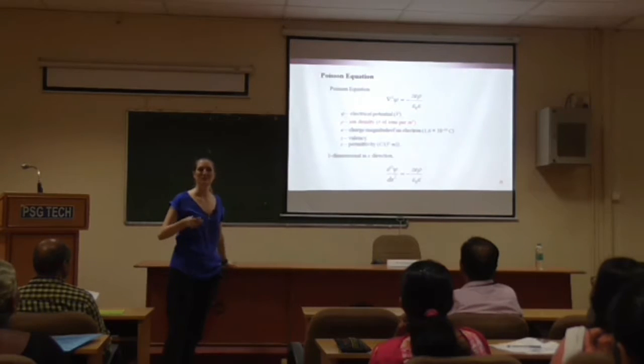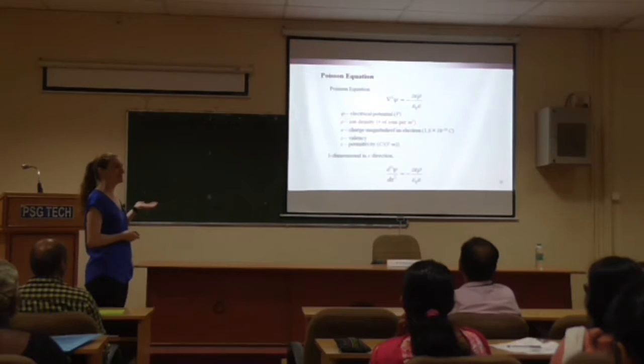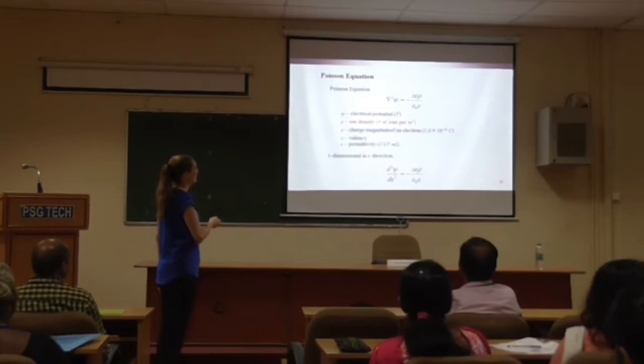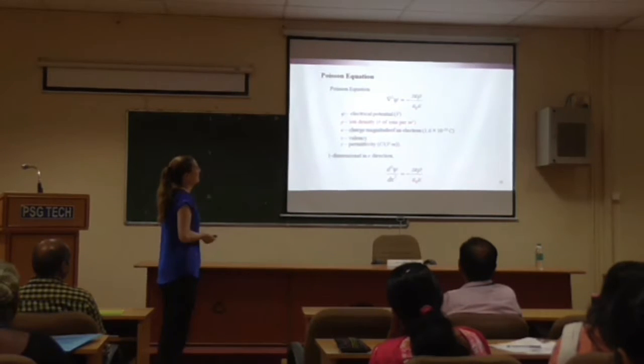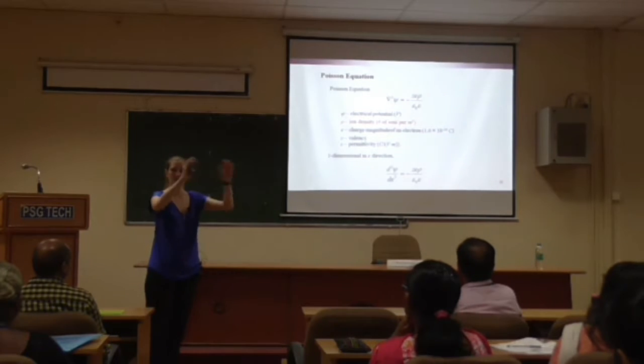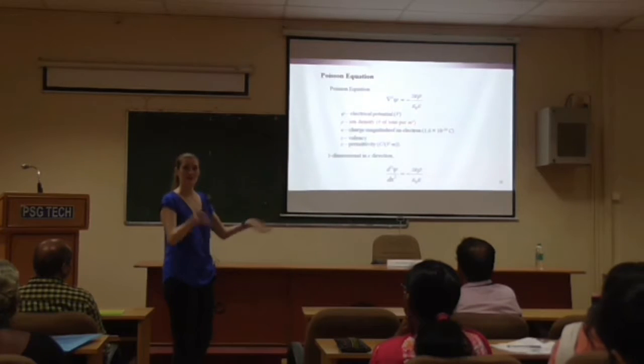So back to basics, electricity and magnetism, physics 2. If you remember Poisson's equation, the second derivative of the electrical potential is proportional to the charge. If I take a volume and look at the electrical potential, the charge is inside. That's all proportional.